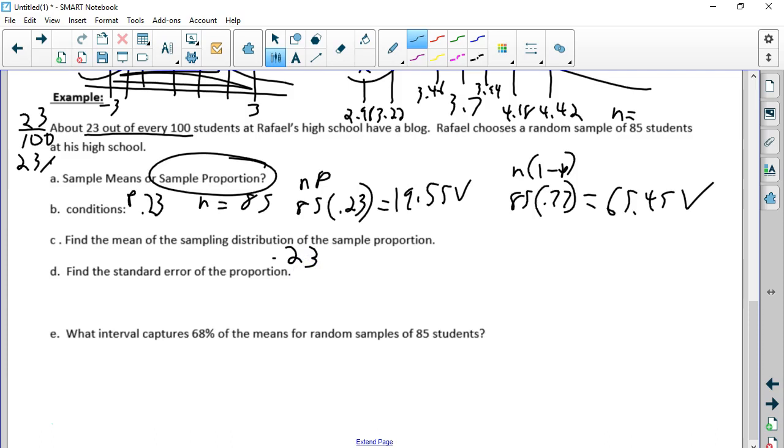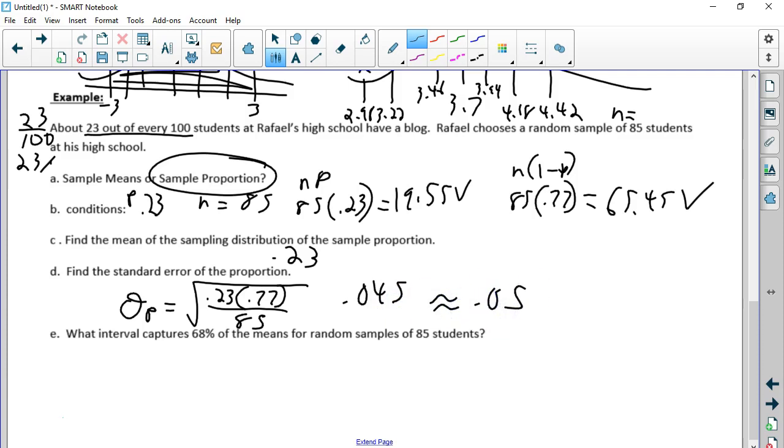The standard error of p is equal to, this is our new formula, p, which is 0.23, times 1 minus p, 0.77, divided by n, which is 85. And that works out to be 0.045, or approximately 0.05 rounded to the hundredths spot.